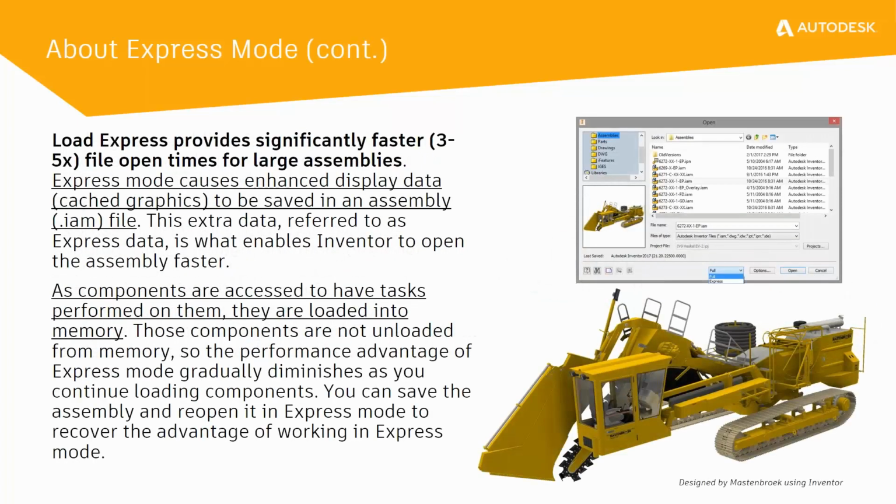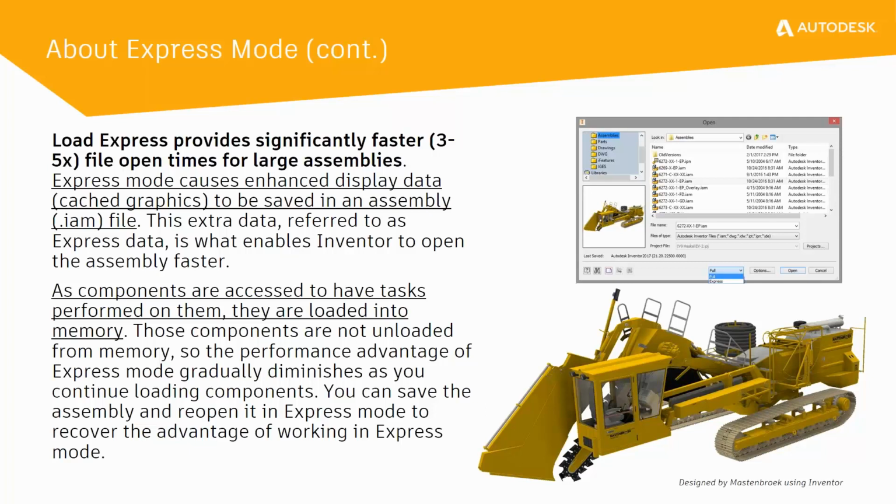Now, in many cases, loading Express can be significantly faster, and in this instance, we're talking around maybe 3 to 5 times improvement in performance when it comes to opening a large assembly. Express Mode causes enhanced display data or cached graphics to be saved in an assembly file.